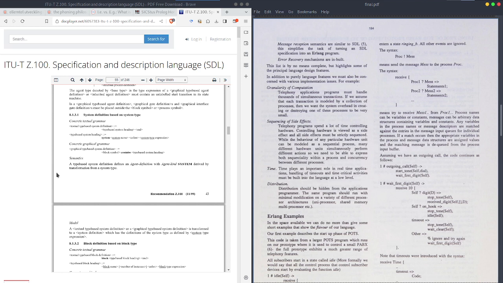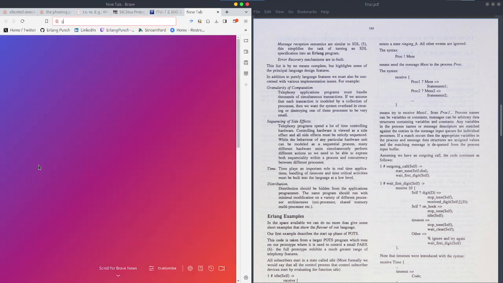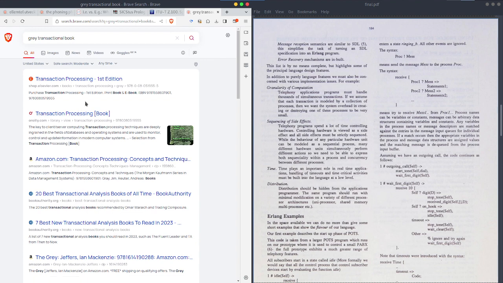So first, the word transaction is really important. When I read one book, I don't remember the name correctly, but I think it's about computational transactions, the Gray book.